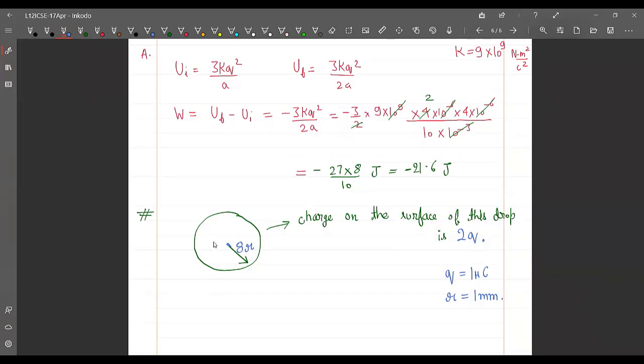And find potential at the center of this water drop.